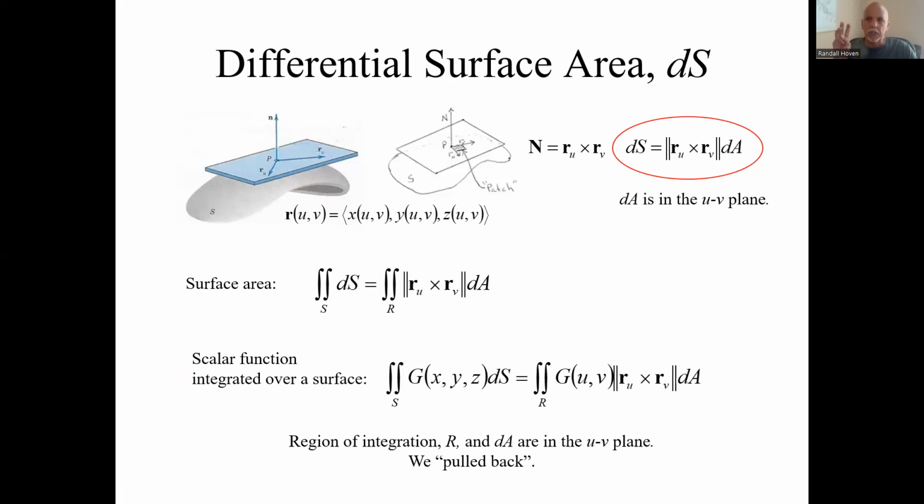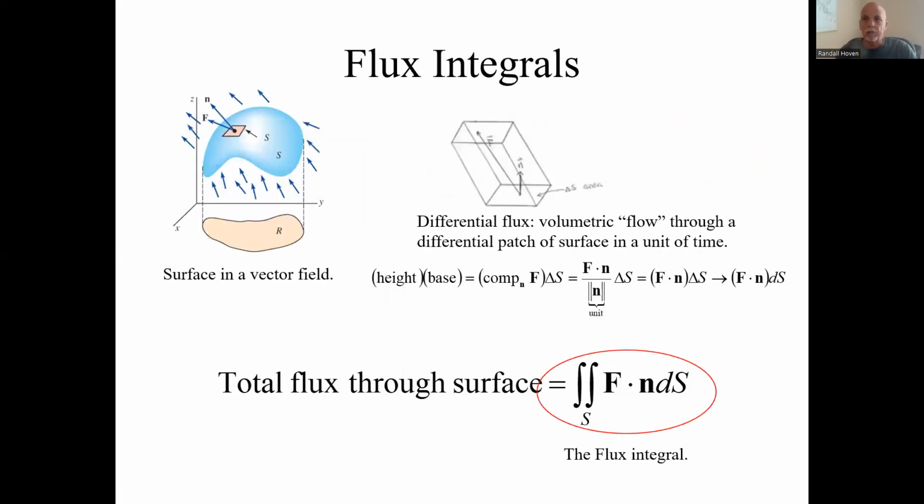We're going to be interested in a third kind of surface integral called flux integrals. Let me try to describe what that is. So here we have our surface again, and it's in a vector field. And you could forget this region R here. We don't need to talk about it right now.